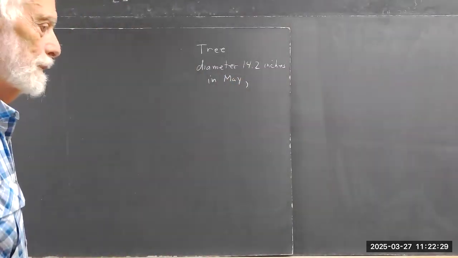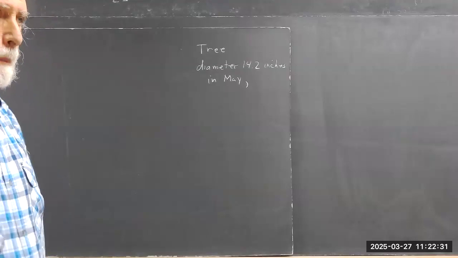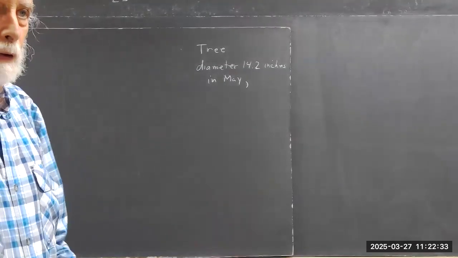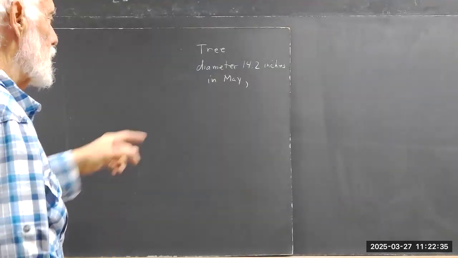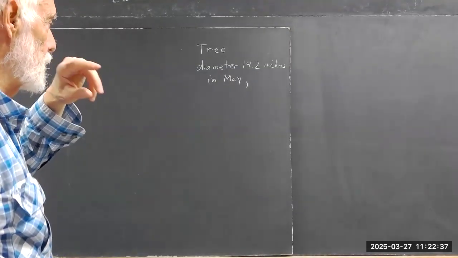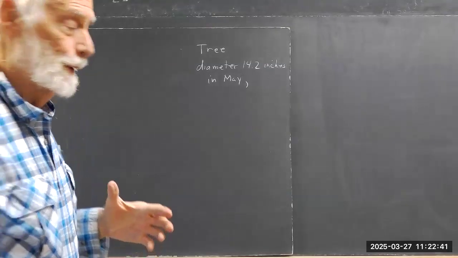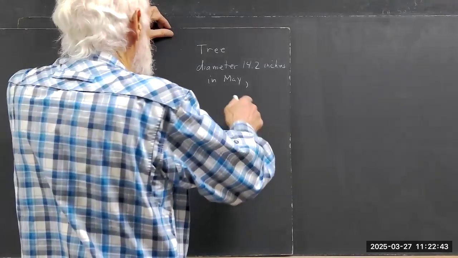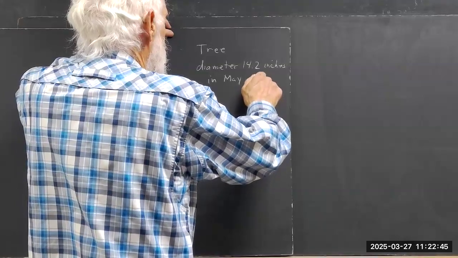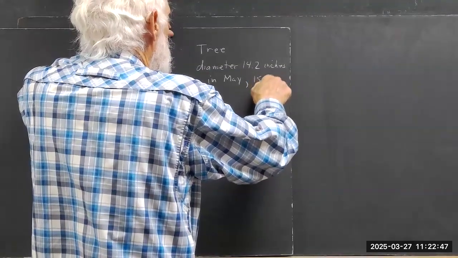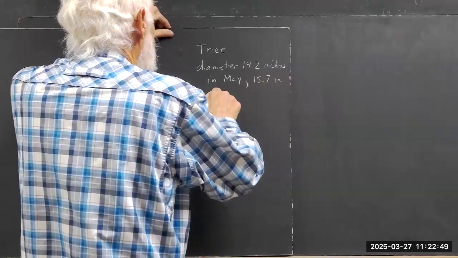I'm changing the situation a little bit. We're not talking about months, we're talking about years with this tree, okay? But it's got a diameter of 14.2 inches in May, and it's kind of a fast-growing tree, okay? And the diameter is 15.7 inches.